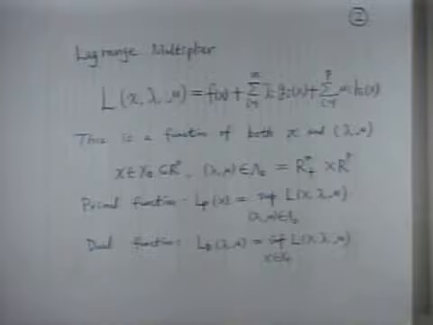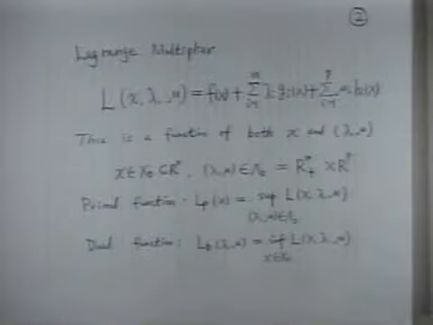Okay, so right now I think it's natural that we have this Lagrangian function and then try to separate the so-called primal problem and the dual problem. The primal part, remember, is just if you fix lambda and mu, then you can maximize the Lagrangian function for x. And the dual function is about if you pick any value x, then you can minimize with respect to lambda and mu.